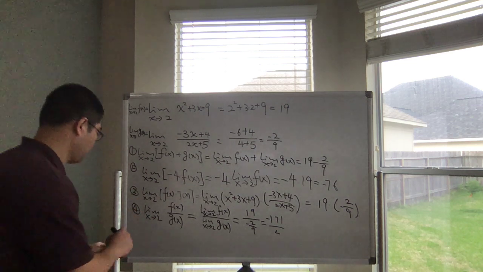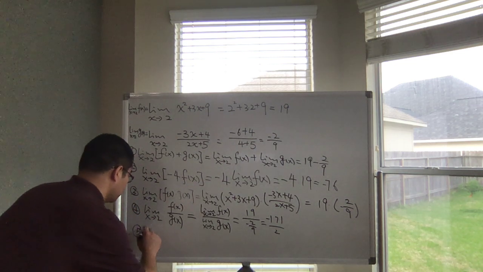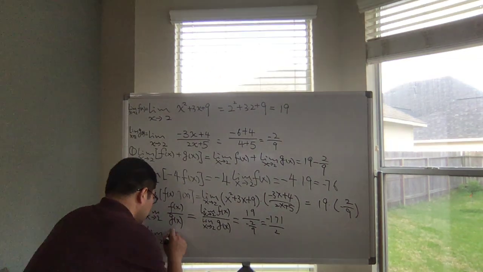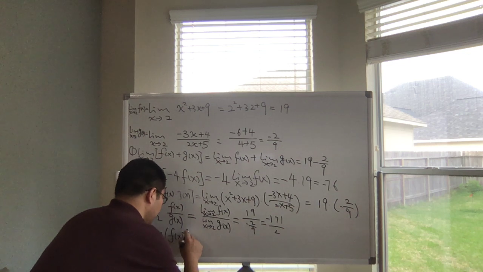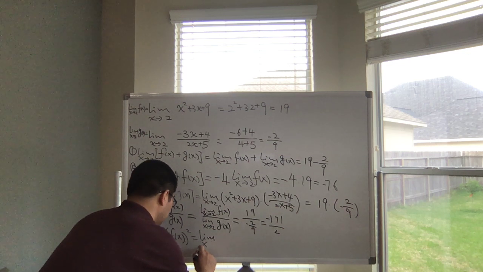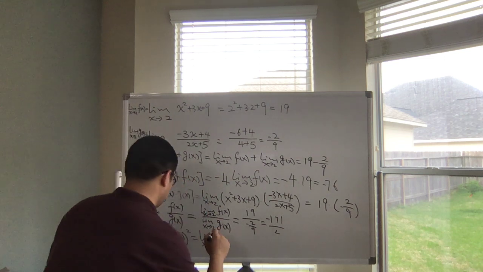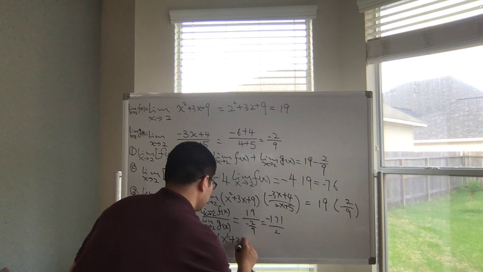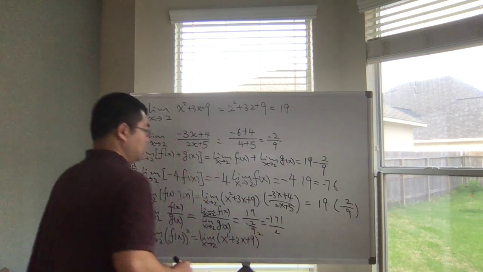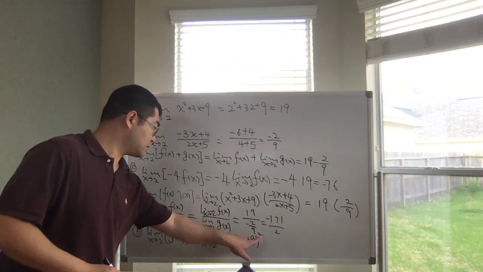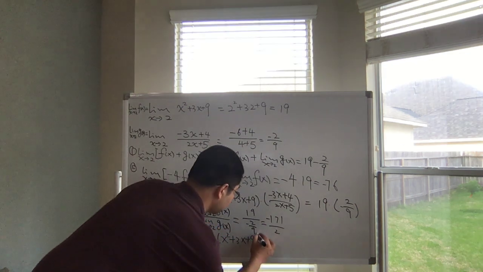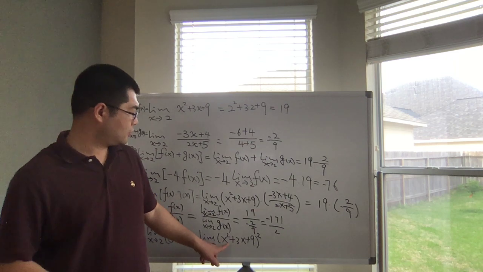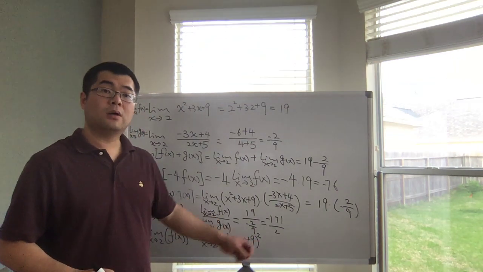Let's do power, number 5. Let's do the limit as x approaches 2 of f(x) squared, or if we write it out, x squared plus 3x plus 9, then squared. The problem I give you is something like this: evaluate the limit as x approaches 2 of something squared.